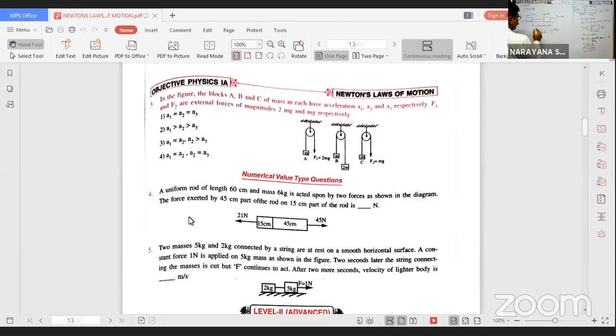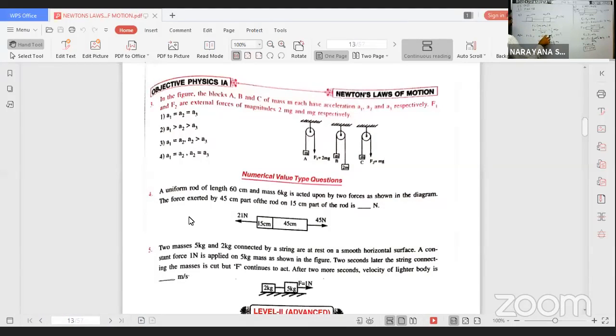Both are the same. Initial velocity is 0, and the two blocks move together with acceleration 1/7. After 2 seconds, from V is equal to U plus AT, we get 0 plus 1/7 into 2, that is equal to 2/7. That means the two blocks move together with velocity 2/7 meter per second in 2 seconds.